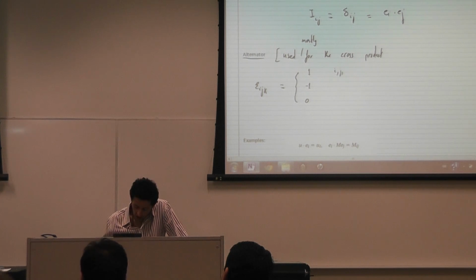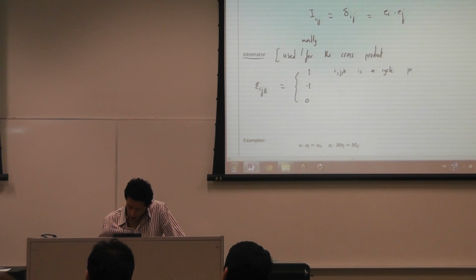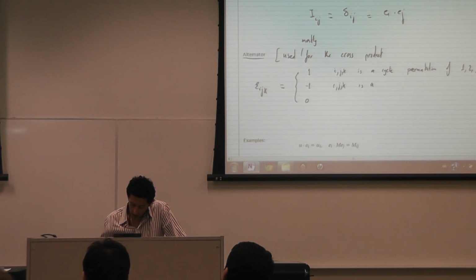It is 1 when i, j, and k is a cyclic permutation of 1, 2, and 3, -1 when i, j, and k is a non-cyclic permutation of 1, 2, 3, and 0 otherwise.